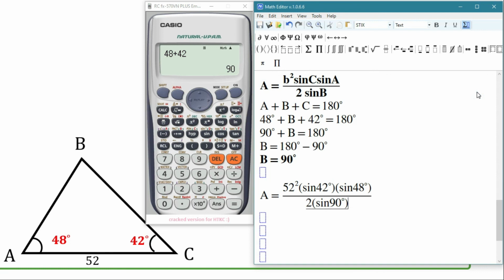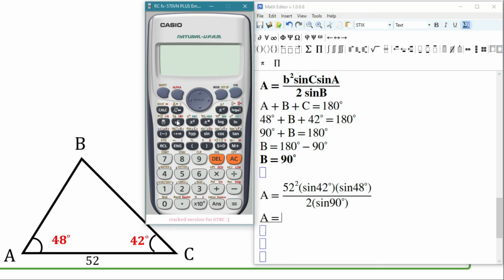Alright? Pwede naman natin kunin si 52 square, kunin natin yung function value nito, and then we simplify. Pero, since we are blessed with the technology, we can use that directly. Okay?